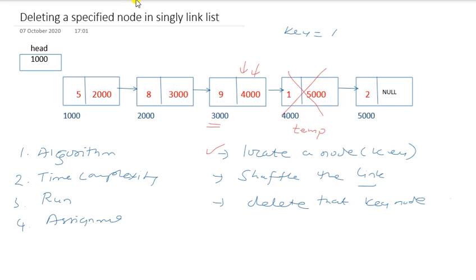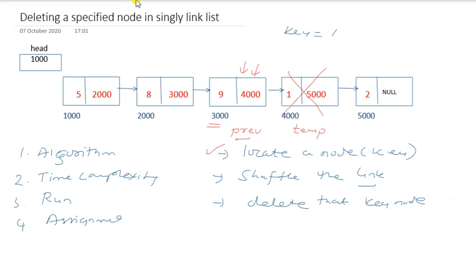So while traversing, while searching, you need to keep track of a previous node also. Before you jump to the next node, you save the current node as the previous node. Say now this is previous. The address of this node is in previous.